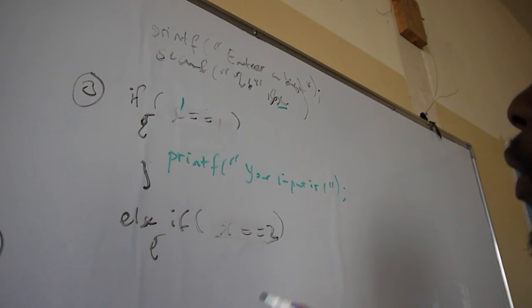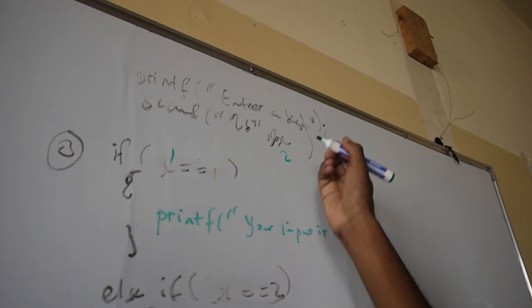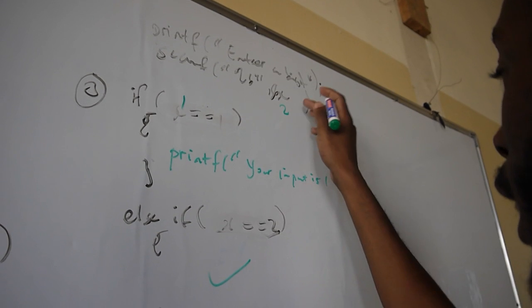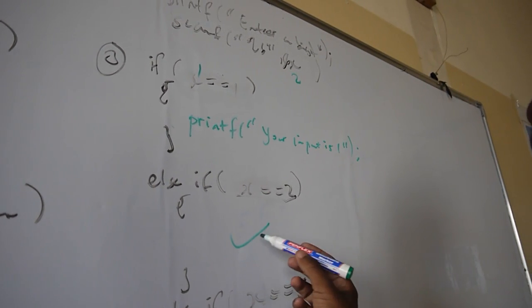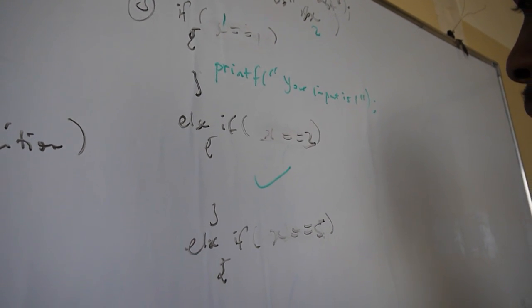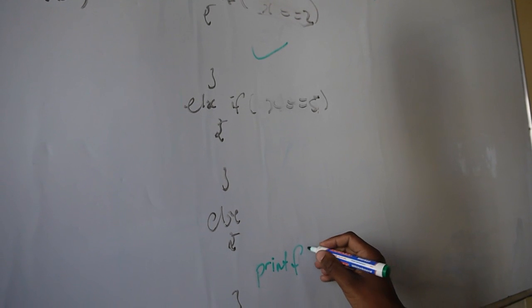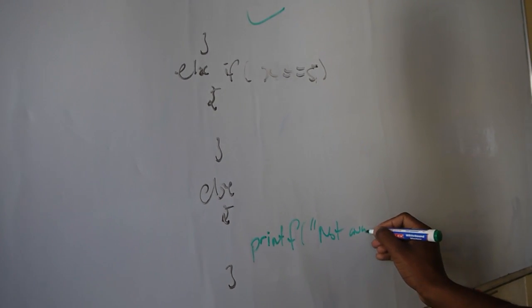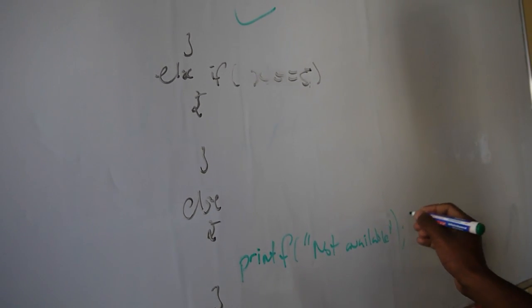If the user enters 2, then it's going to execute this part. If the user enters 3, then 3 is not available here, so it's going to print this part, printf not available.